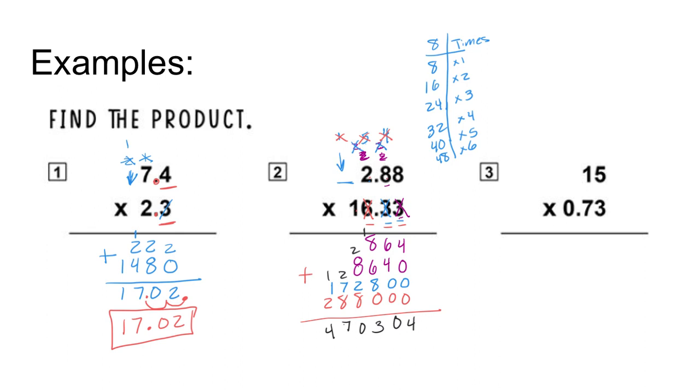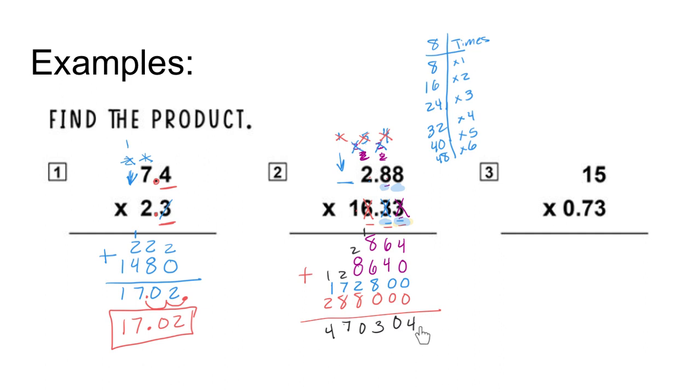Now remember the last step. Look at how many digits are behind a decimal in the original problem. So I have this one, this one, this one, and this one, right? I have 1, 2, 3, 4 digits behind a decimal in my original problem. So I now need to start with this being, pretending this was a whole number here, right?